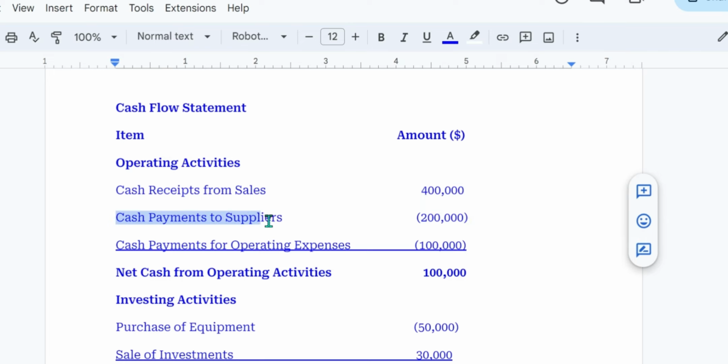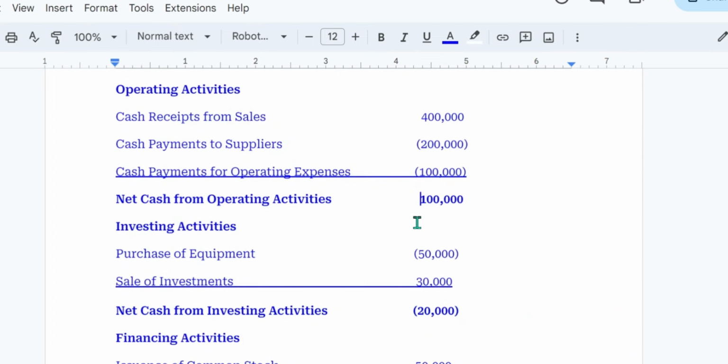Cash payments to suppliers, which is an outflow, is 200,000. And payment for operating expenses, again, that's going to be an outflow because it's an expense, and that's 100,000. And all 3 of them summed together gives us net cash from operating activities of 100,000. Sometimes this could be an outflow, but in this case, it's actually an inflow. So we have 100,000 in net cash from operating activities.